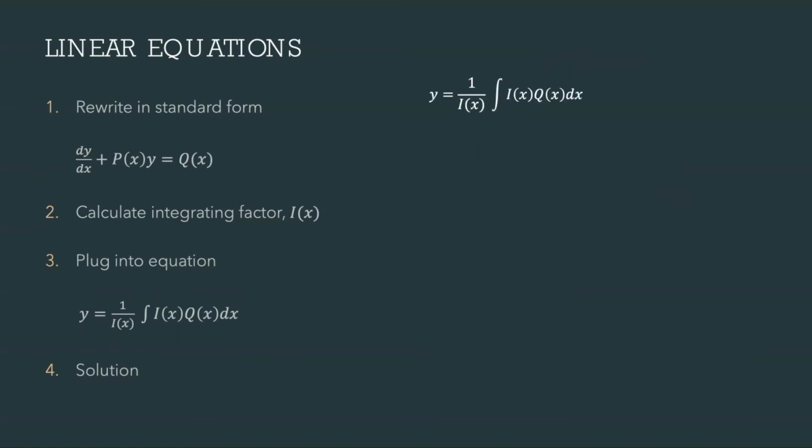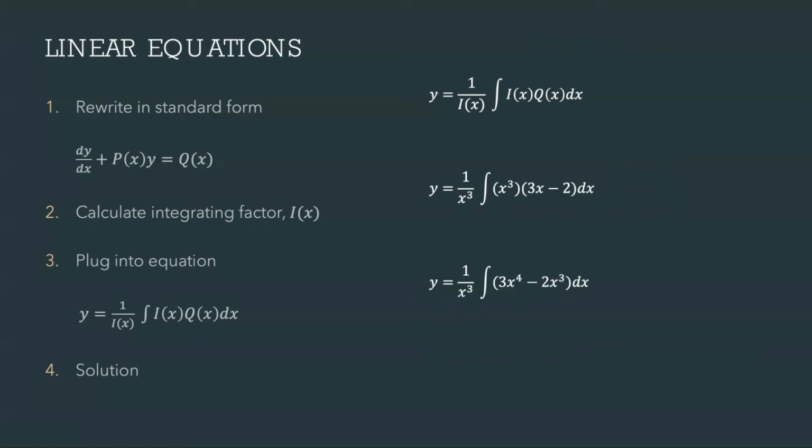Next, we have to plug into this equation. The equation again is y equals 1 over I of x times the integral of I of x times q of x times dx. Plug in I of x and q of x, we would have y equals 1 over x cubed times the integral of x cubed times 3x minus 2.